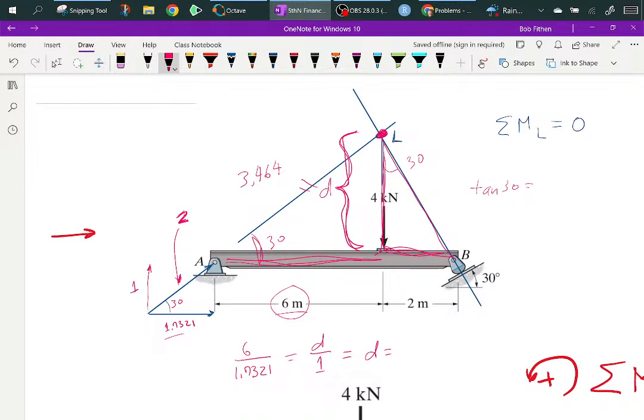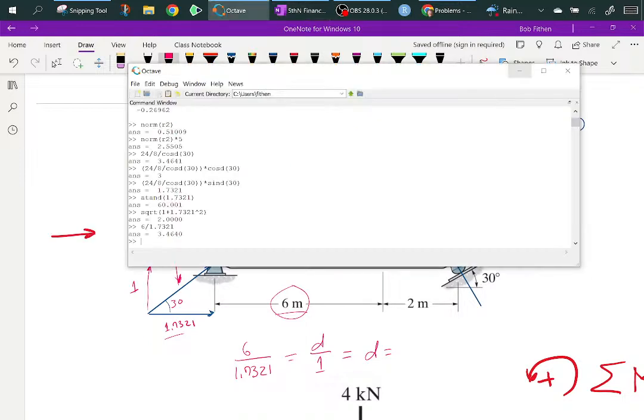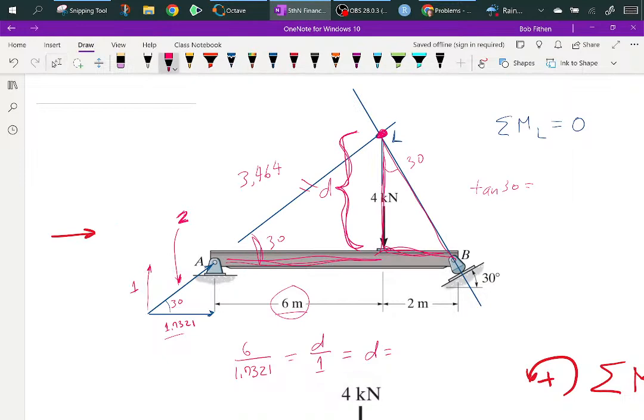Tangent of 30 degrees is going to be, hang on, 0.57735. Make sure I wrote that down correctly. Yeah.